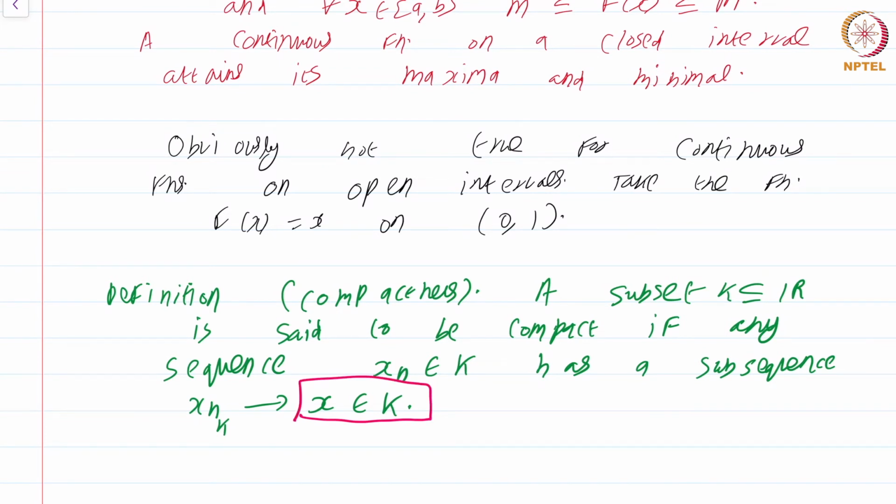Any sequence in this set must have a subsequence that converges, and not only should it converge, it should converge to a point that is there in the set. Then we say that the set is compact.